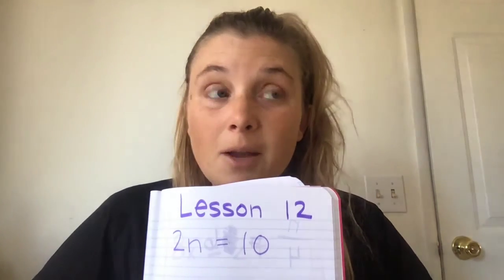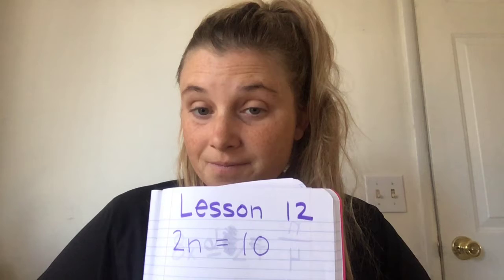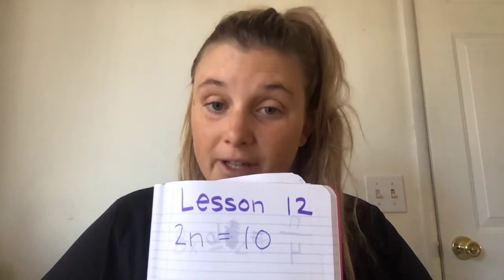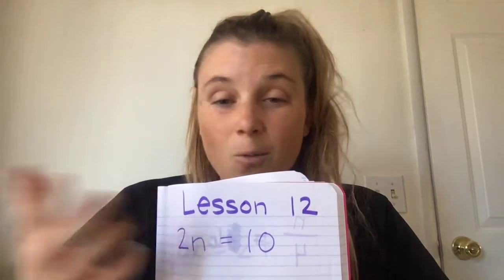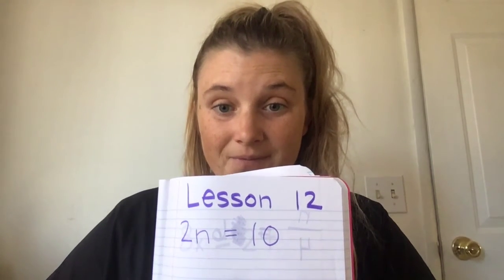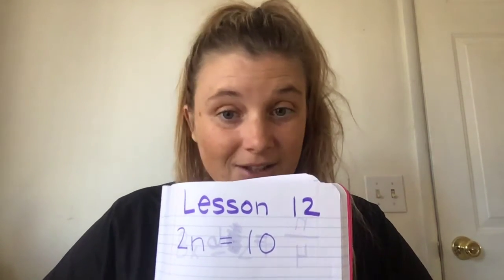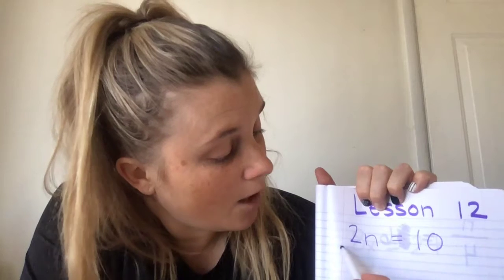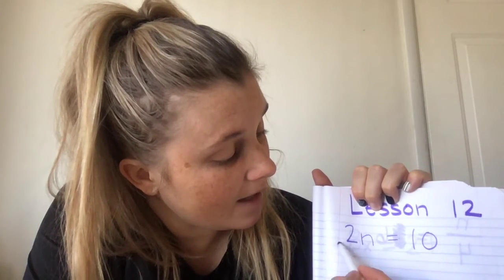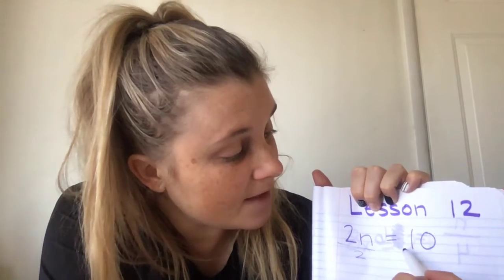Okay, I want you to try to figure this out. How can you figure out 2 times by what equals 10? What could we do? Did you figure it out? How about we divide, right? What if we divide by 2?